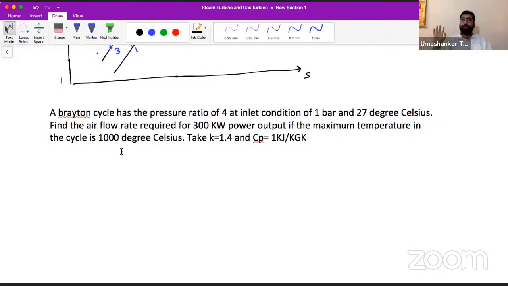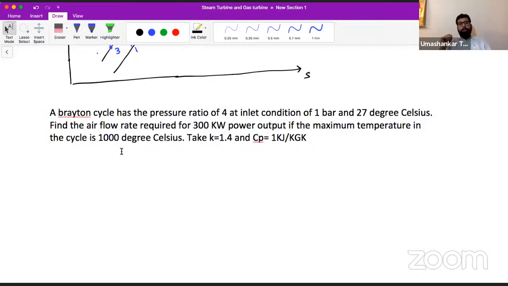So everything you know already. So we are analyzing the cycle, and we try to reach the actual gas turbine cycle. For that, it is required that we first understand the ideal cycle well. Only then will we move to the actual gas turbine cycle.